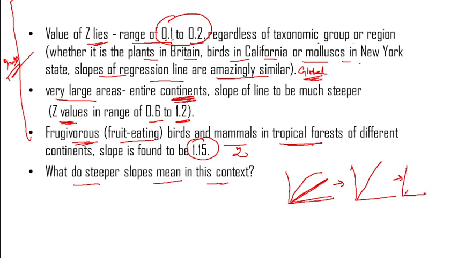In case we get this kind of a slope, it is becoming more steep. So what is this indicating? Here there is less biodiversity, here there is more biodiversity, and here the biodiversity is very high. As the slope becomes steeper, it indicates that biodiversity is increasing in that area.